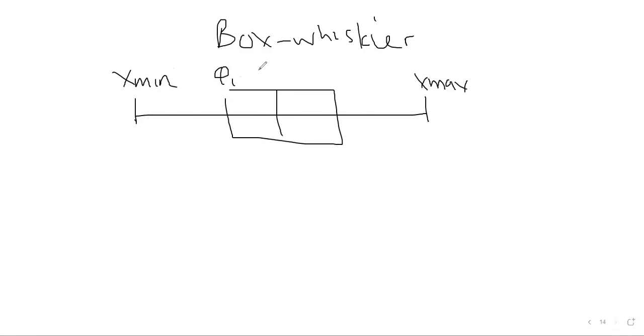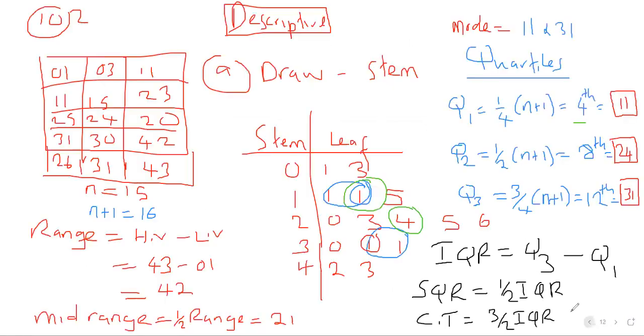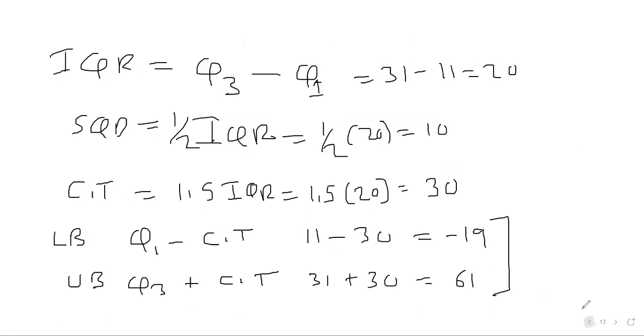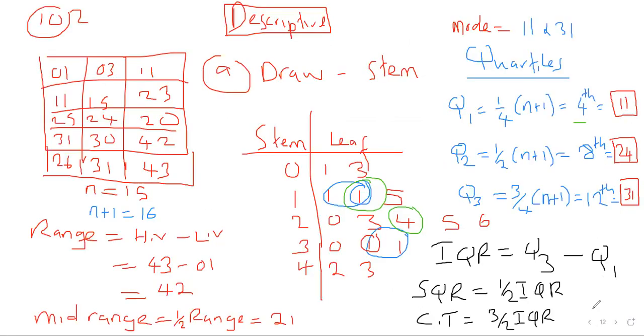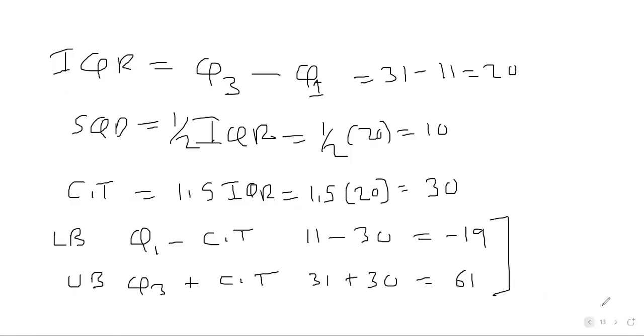So what is our minimum value of x? It is 01, and the maximum was 43. Then the quartiles Q1, Q2, Q3 were 11, 24, and 31. Then we identify the lower bound, negative 19, and the upper bound, 61.